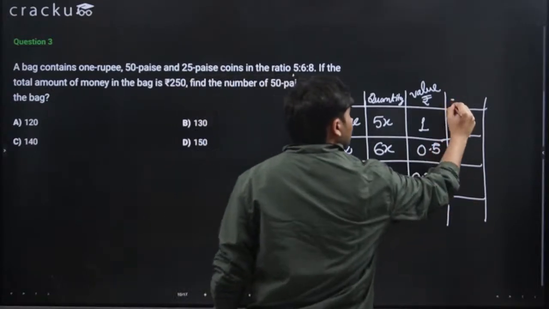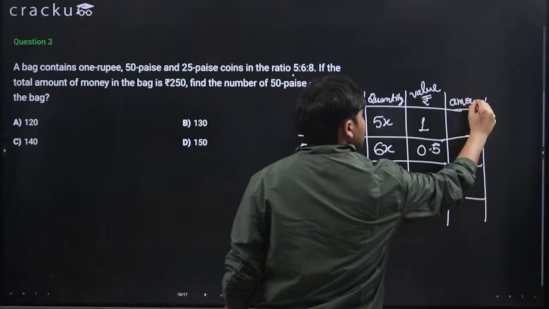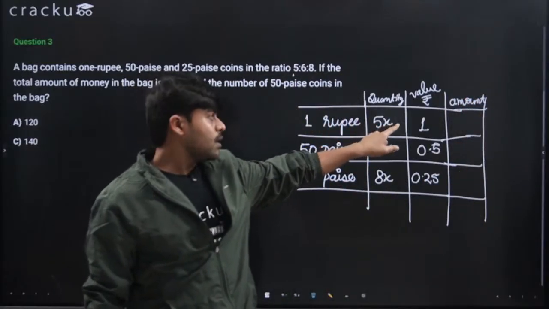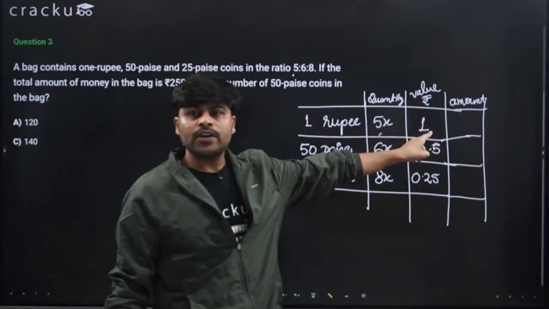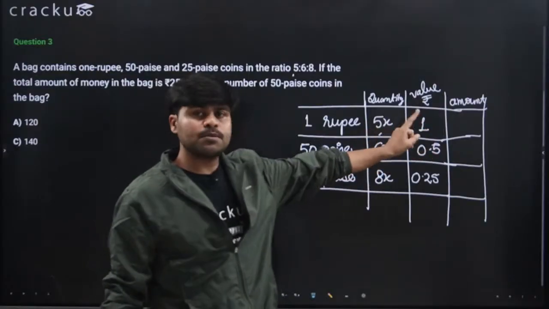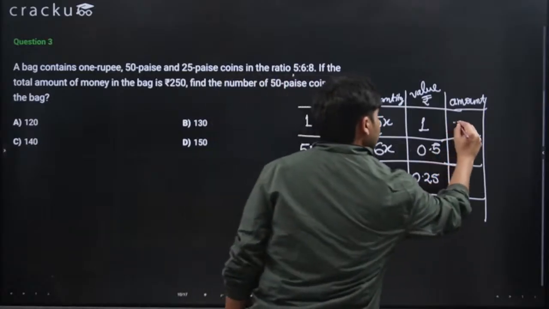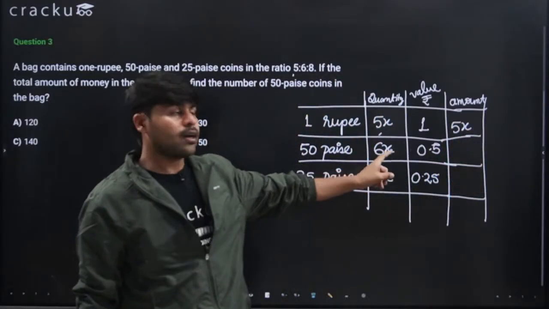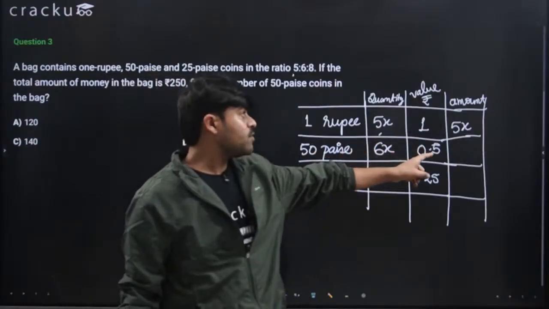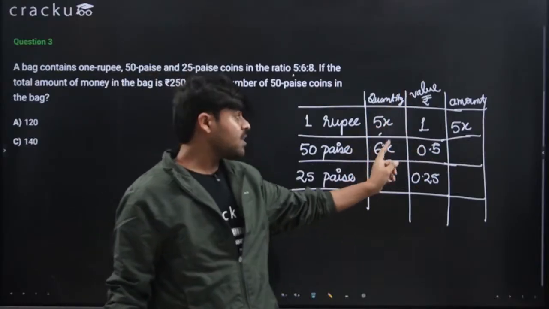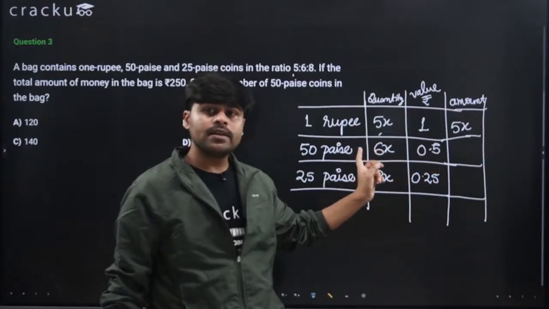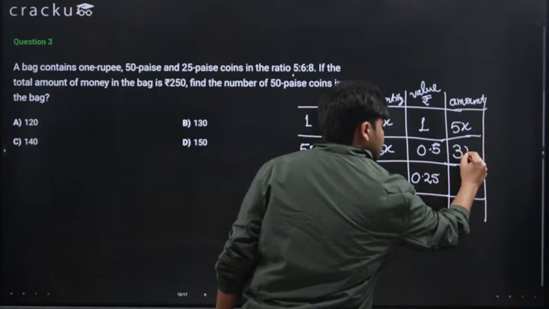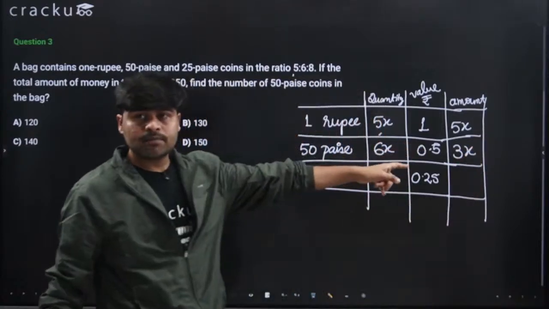Now what is the total amount? There are 5x coins of 1 rupee. The value of each coin is 1 rupee. So 5x times 1 is 5x. 6x coins for 50 paise, 0.5 is the value. 6x times 0.5 is 30 divided by 10, which is 3, so the value is 3x.